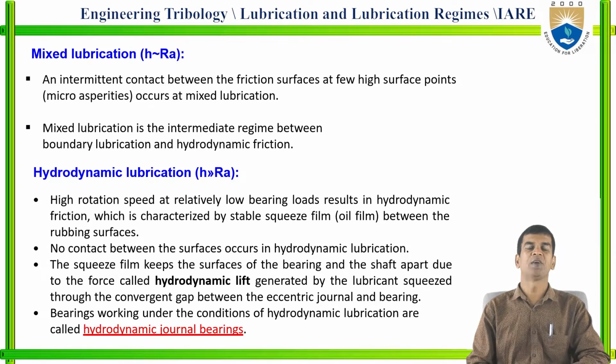If h is approximately equal to Ra, then we call it mixed lubrication. The name itself indicates that it is an intermediate region between boundary lubrication and hydrodynamic lubrication. In mixed lubrication, you have intimate contact between the surfaces at a few high surface points.